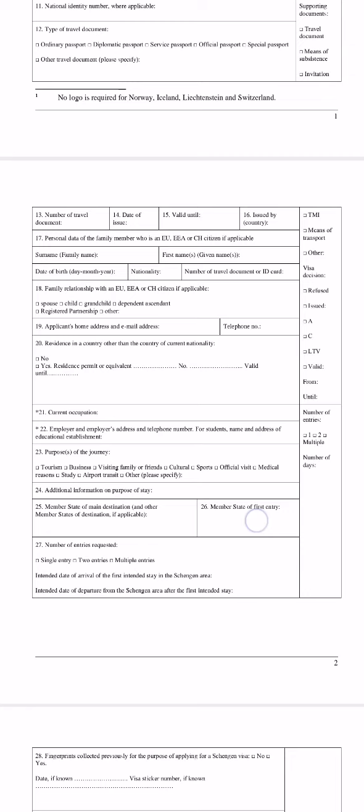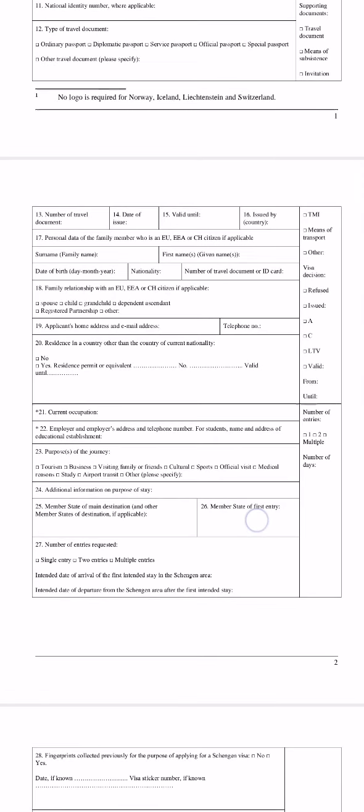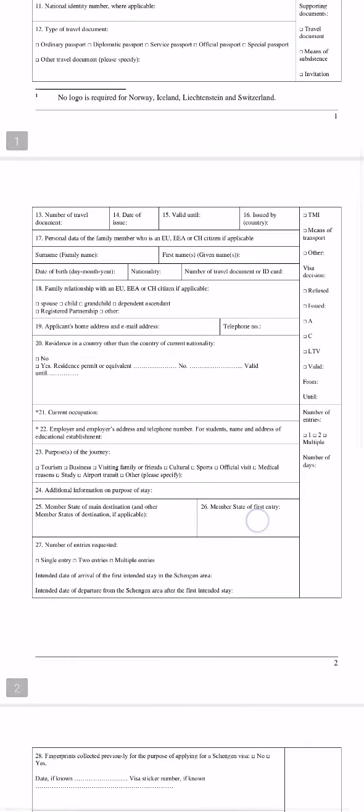Then question number 17, personal data of your family members who are EU, EEA, or CH citizens, if applicable. That means if you have any relatives who are citizens in Europe, you can also put their names there. In this question 17, you have to put the surname of the person, then the date of birth, then the person's nationality, then the first name of the person, then the number of the travel document or identity.